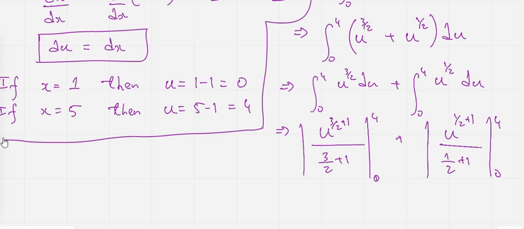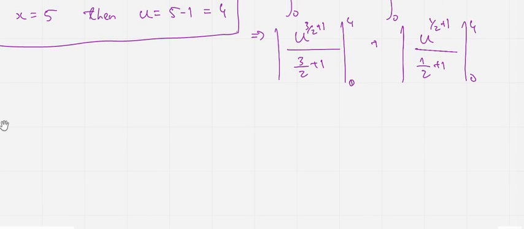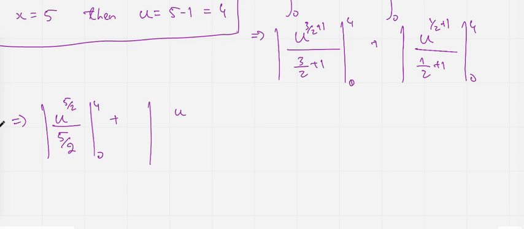And now we are going to nicely apply our upper and lower limits. So let's see how it looks and what it is going to give us. So it's u power 5 by 2, I'm taking out the LCM, plus u power 3 by 2 upon 3 by 2.